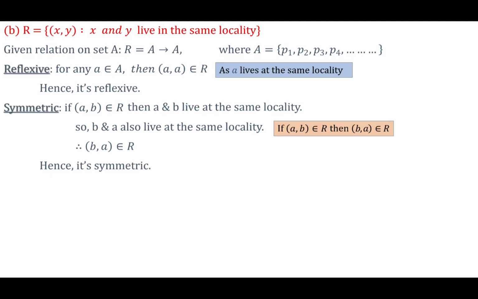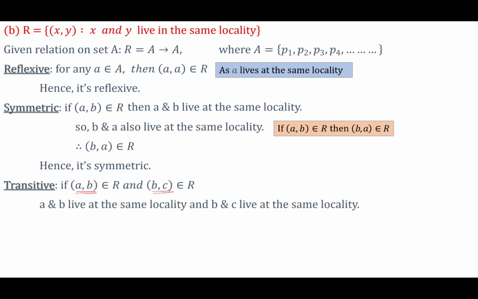Now, come to transitive. If (a, b) belongs to R and (b, c) belongs to R, according to the relation, if (a, b) belongs to R, which means a and b live in the same locality, and (b, c) belongs to R, which means b and c live in the same locality.